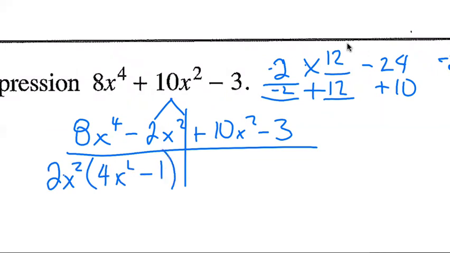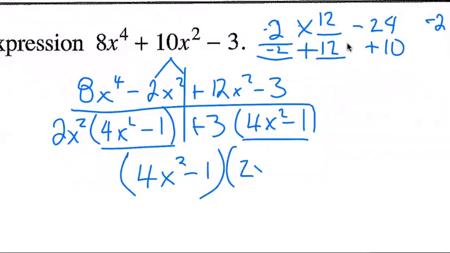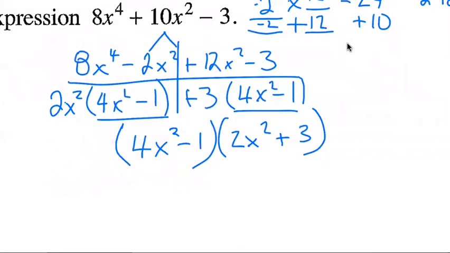Greatest common factor of 12x squared and 3 is going to be 3. That's going to give me 4x squared minus 1. So my factors are 4x squared minus 1 and 2x squared plus 3.